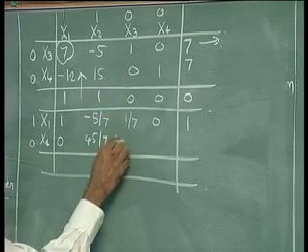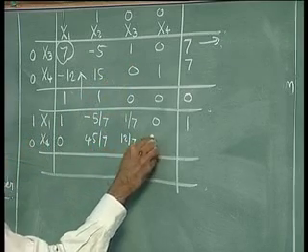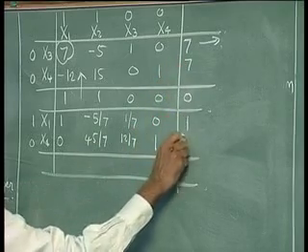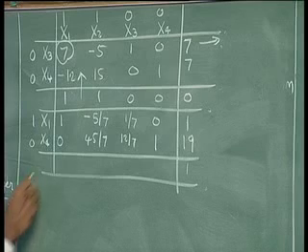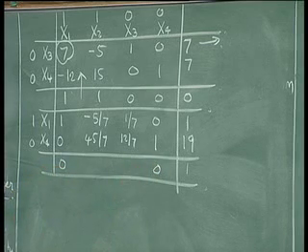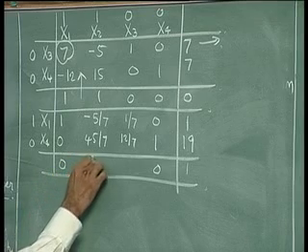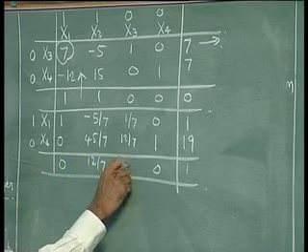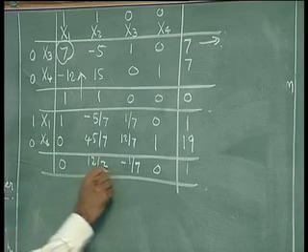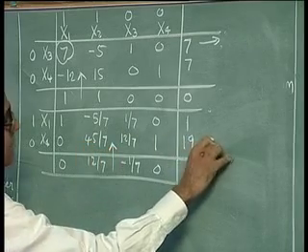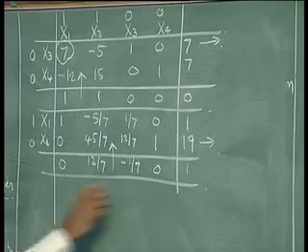This plus 12 times this is 12 by 7, 1. 7 plus 12 into 1 is 19. So, we get a 1 here. So, this becomes 0, this becomes 0. 1 plus 5 by 7 is 12 by 7, and this is minus 1 by 7. So, x2 enters again. There is only one leaving variable here, which is here.